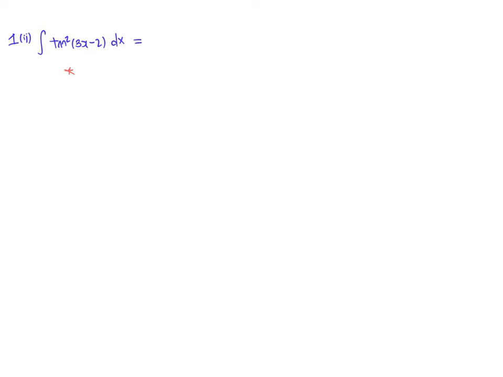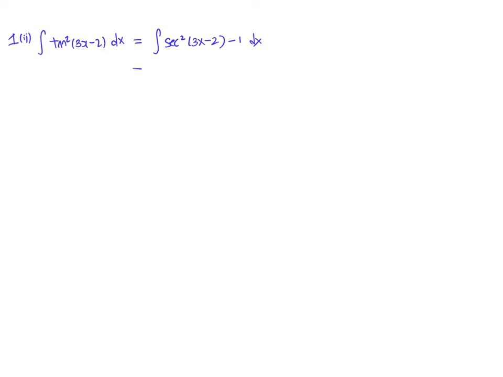We have learned that sec²x − 1 is actually tan²x. So we rewrite the function we need to integrate in terms of secant, which gives sec²(3x − 2) − 1 dx.